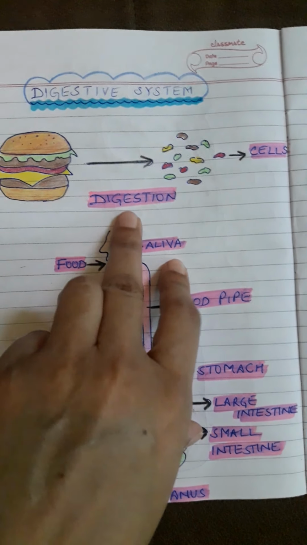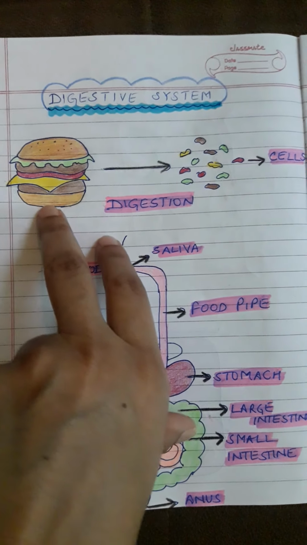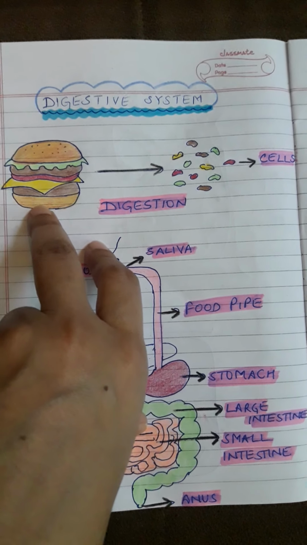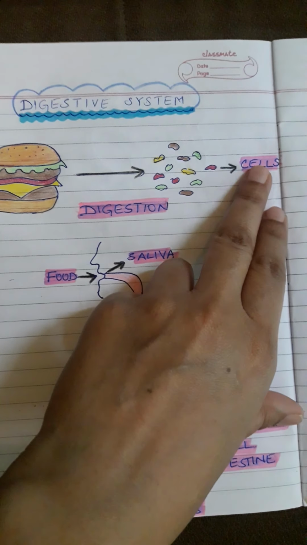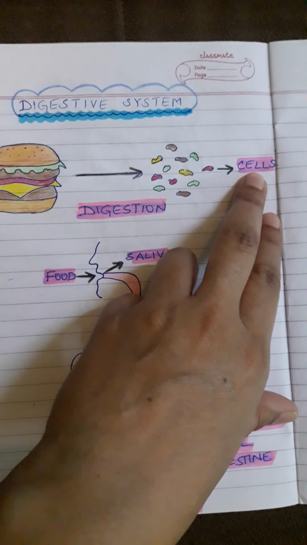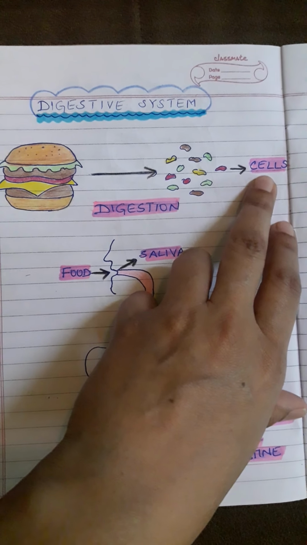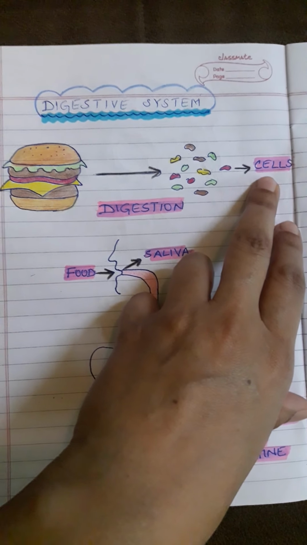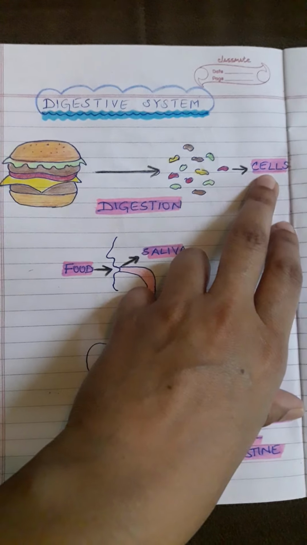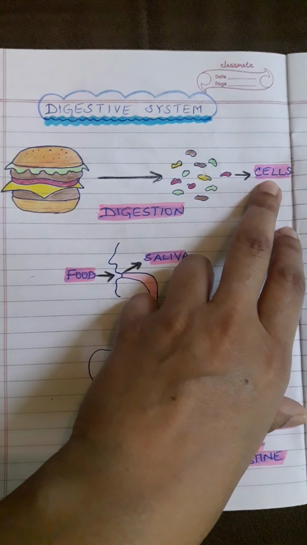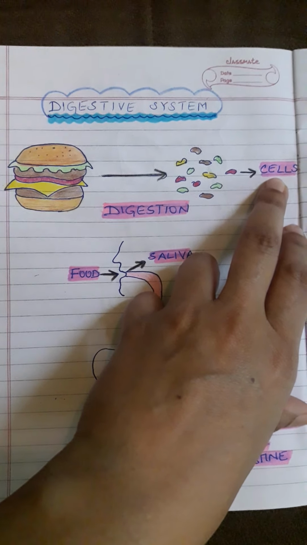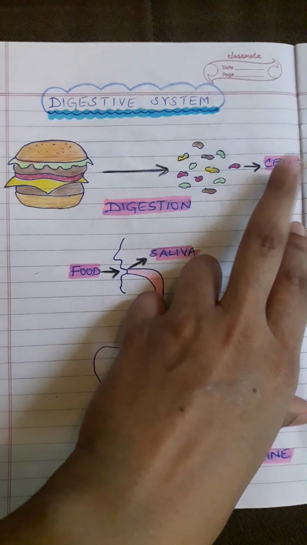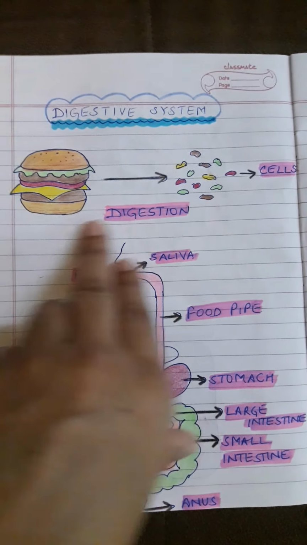Now what is digestion? The food that we eat has to go to all the cells of our body, because in the last video I had explained that our body is made up of many millions of cells. So the food that we eat is required to give energy to each and every cell, right?